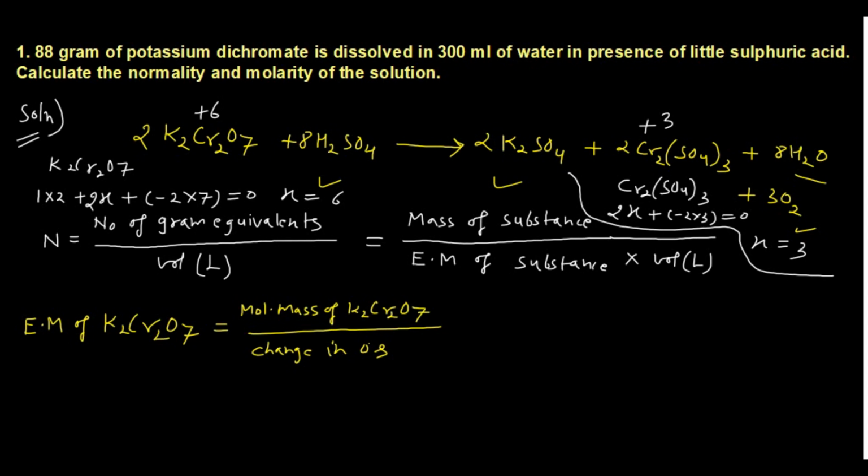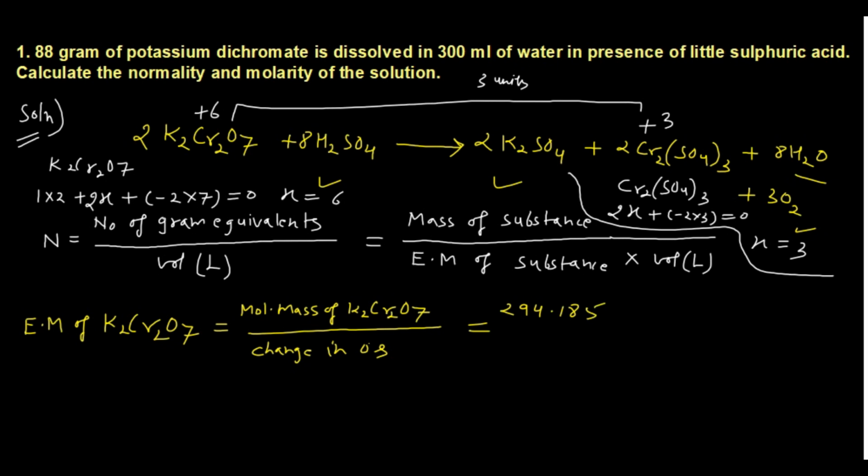And then you can see here, I am going to calculate further, right? I am going to solve this particular problem further, right? So what is the change in the oxidation state? From here to here, change in the oxidation state is by 3 units. Okay, 3 units. So when the change is in 3 units, what you can do, you can write the molecular mass of your potassium dichromate, and the accurate molecular mass of potassium dichromate is 294.185.